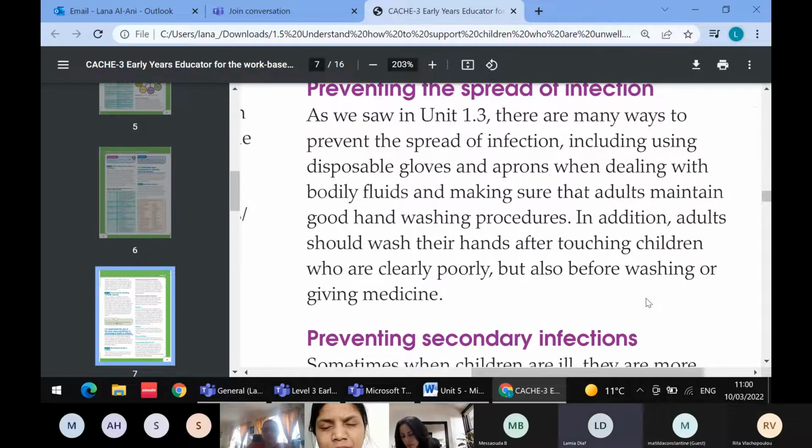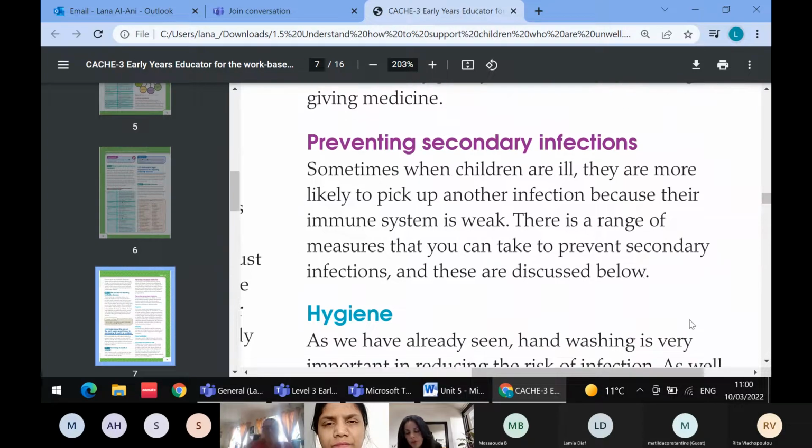After we touch the ill child, we always have to wash our hands clearly and fully, or even when we give them medicine. This is also how we prevent infection.